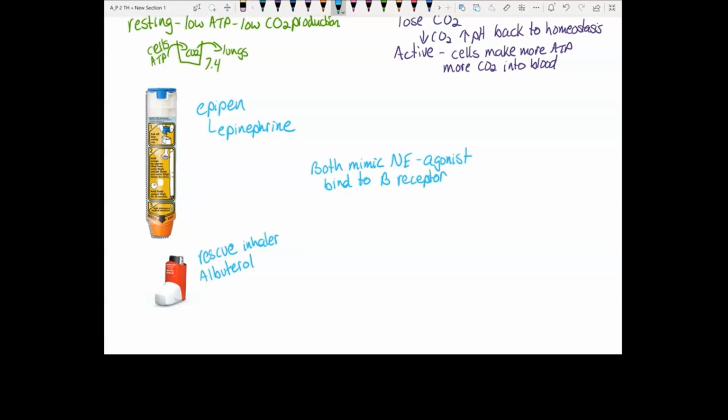Now, back when we were talking about the heart, we talked about beta blockers, something that binds to the beta receptor and blocks it, prevents norepinephrine. But here, they're a norepinephrine mimic. So when they bind to the beta receptor, you get the same result as if norepinephrine were doing it. So they're not blocking, they're stimulating.